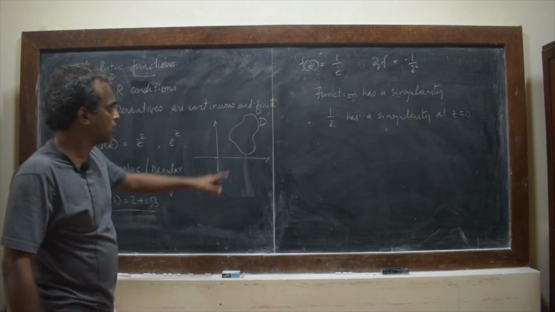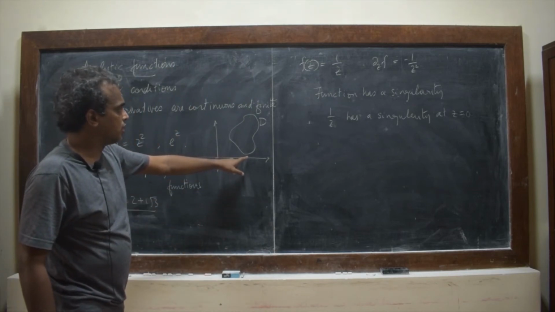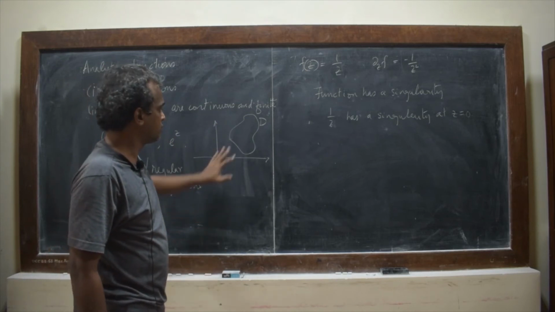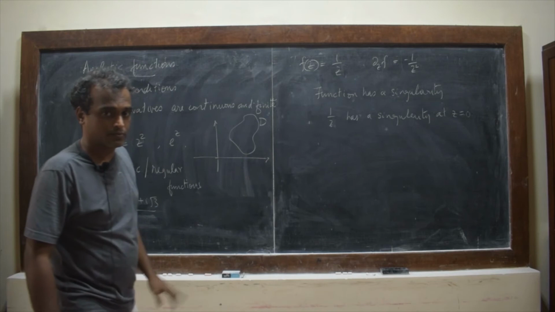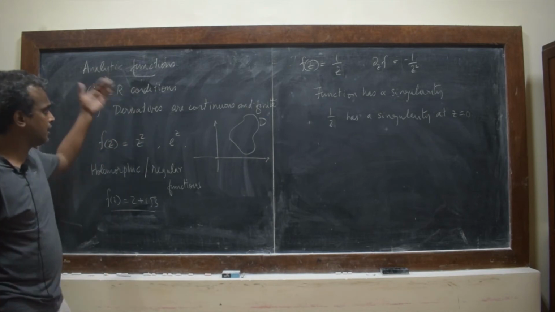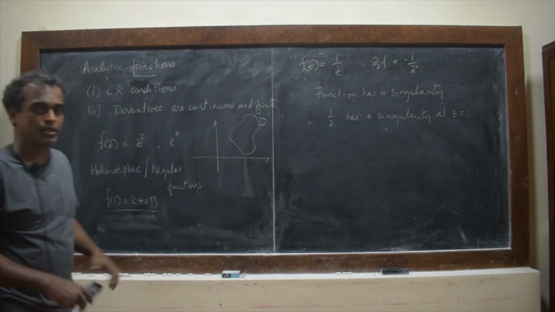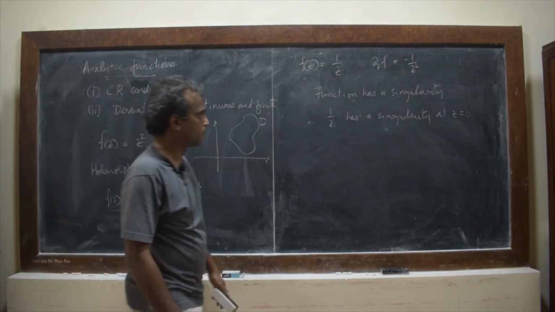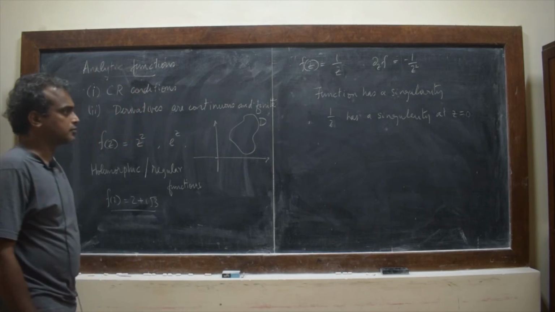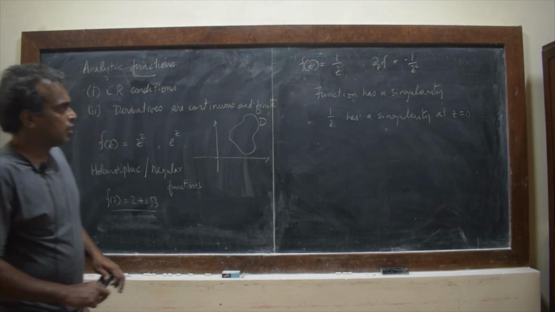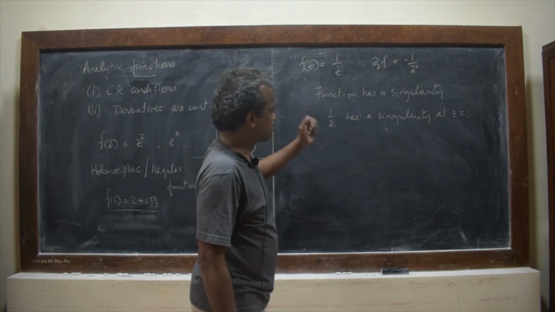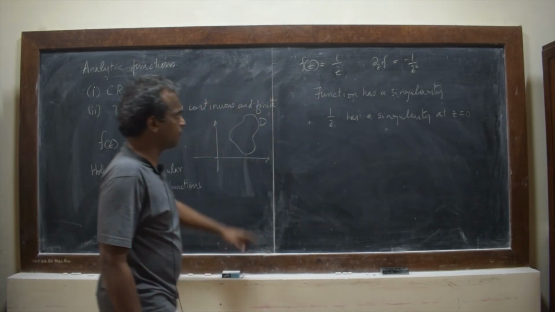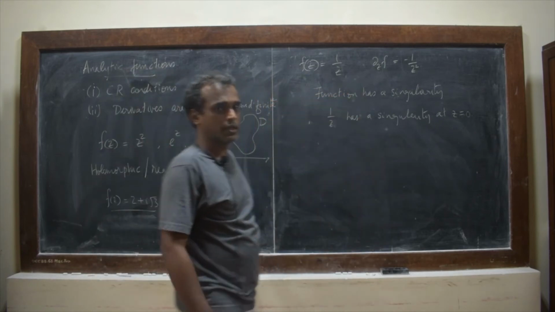However, everywhere else except at the point z equal to 0, this function is completely analytic. It obeys the Cauchy-Riemann condition as well as the second requirement, derivatives being continuous and finite. Before we proceed to more examples of singularity, let us observe one feature of this particular type of singularity.